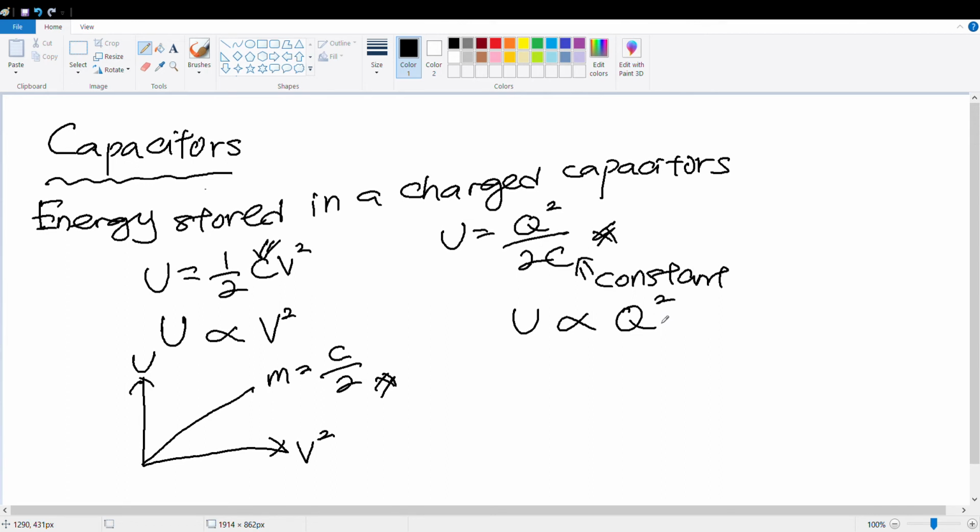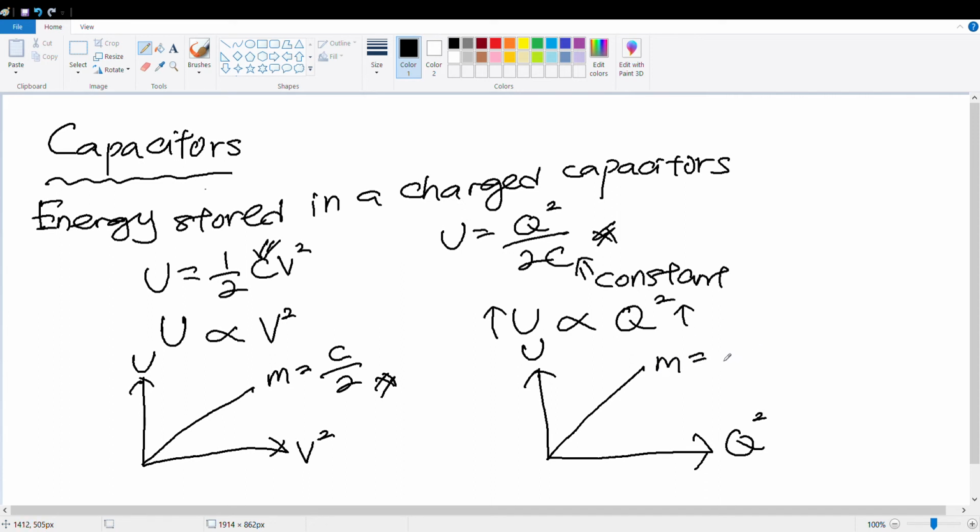It means that if the magnitude of the electrical charges on the two plates increases, the electrical potential energy across the two plates also increases. For the graph, what I have here is U against Q squared, which is a straight line graph, and my gradient is equal to 1 over 2C.